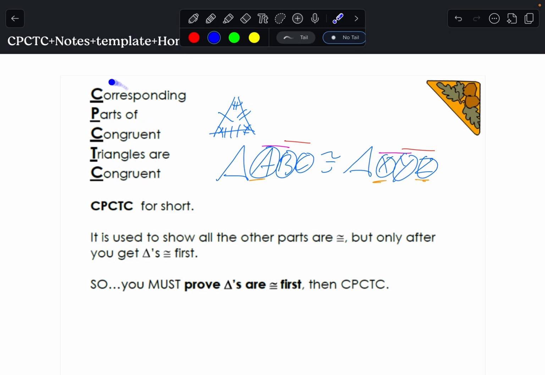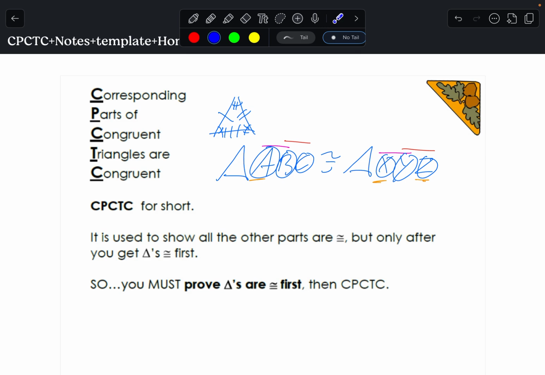Once you have established that two triangles are congruent, then you can say whatever you want about the parts that are congruent. Like that angle is congruent to that angle, or that line segment to that line segment, and so on.